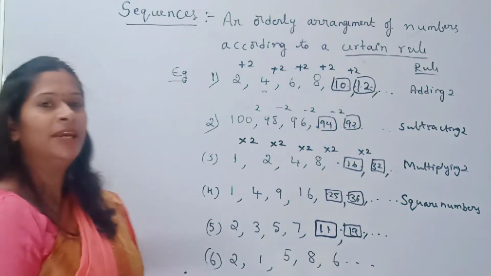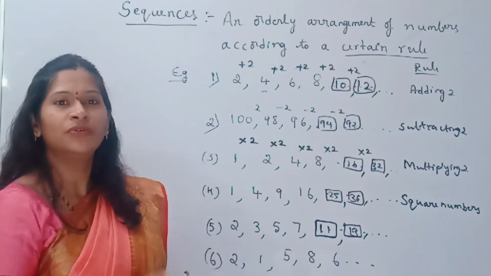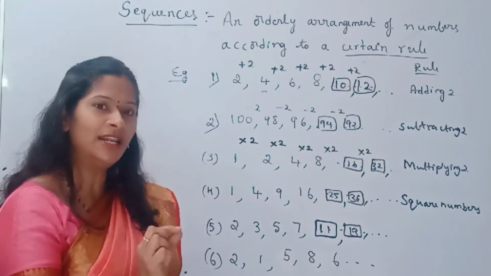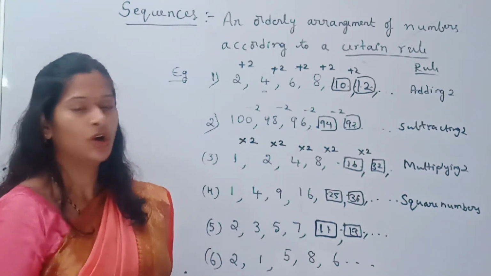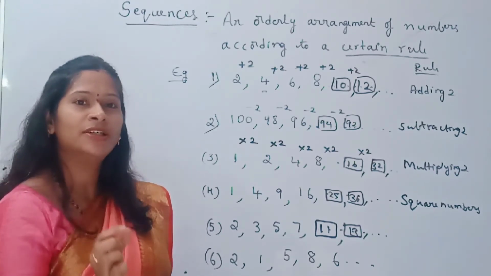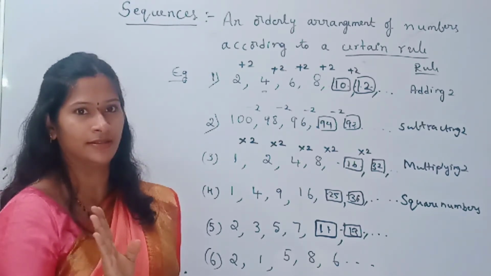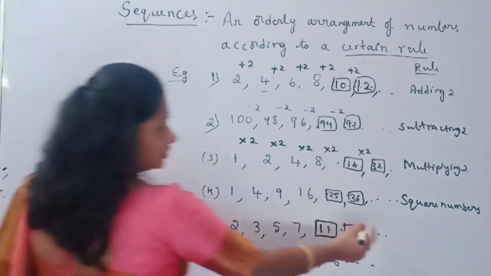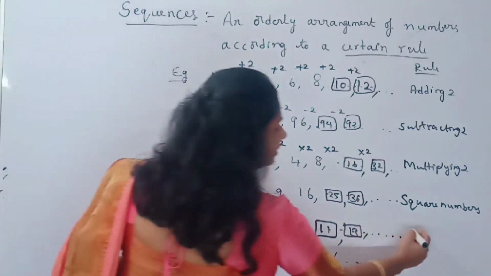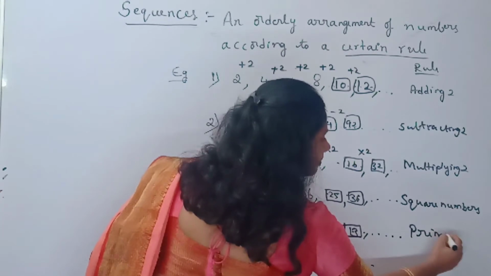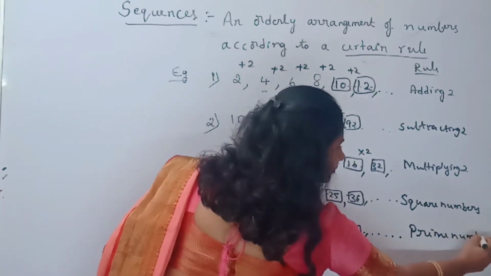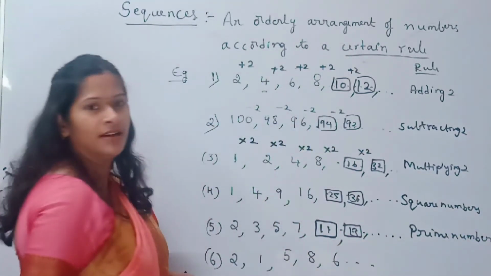So what do you mean by prime number, children? Numbers which are divisible only by 1 and that number itself, or you can say that prime numbers will have a maximum of 2 factors. So the rule behind this sequence is that they are prime numbers, so that you can list out the next numbers.